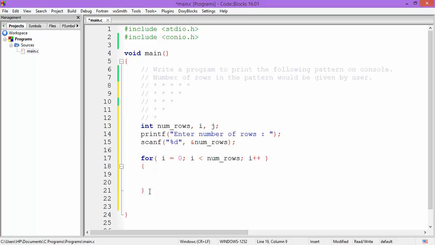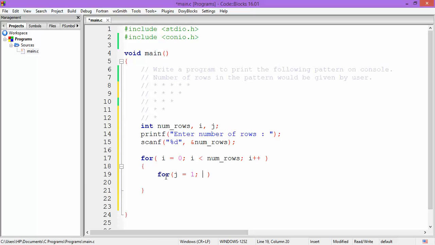Now this loop would be running as many times as there are number of rows in the pattern, and for each row we'll have to write an inner loop which would print the asterisks in a certain row. So the number of asterisks in the ith row, as we said, would be equal to number of rows minus I, right? So that's why our condition would be like this.